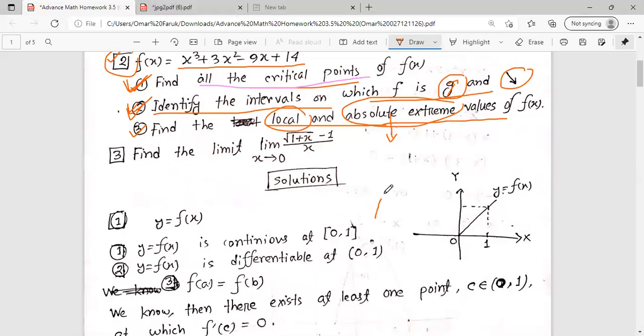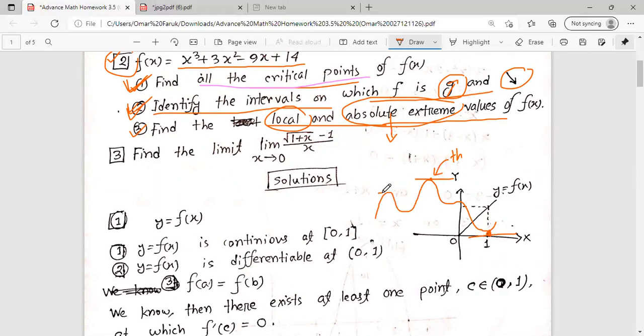For example, as I told you in the previous class, if this is a function, this point is the topmost point, our absolute extreme value, and this point is the bottommost point.